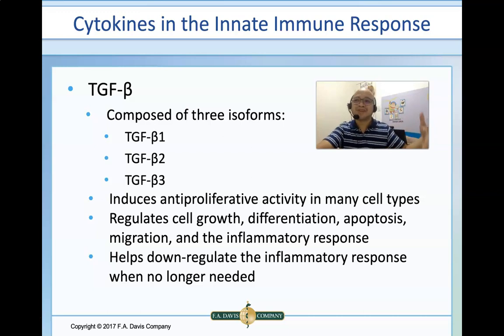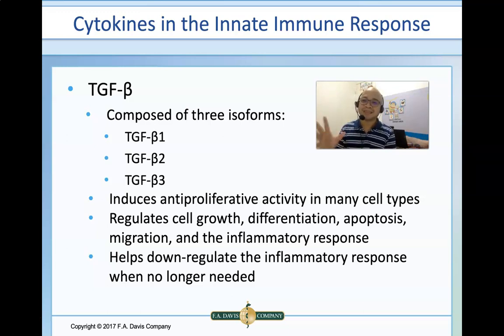Proliferation means multiplication of a certain cell. Anti-proliferation is very important, particularly if you want to control unwanted cells such as cancer cells. Okay? So which means that the TGF-beta can regulate cell growth, differentiation, even programmed cell death such as apoptosis, migration, and the inflammatory response.